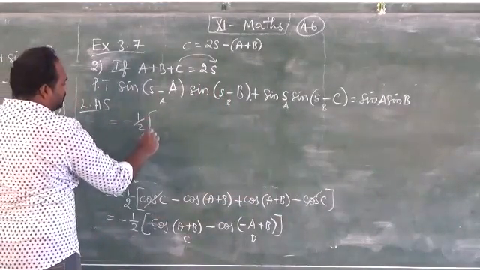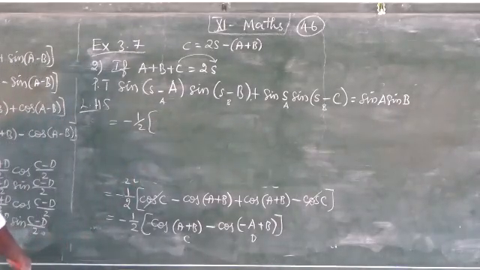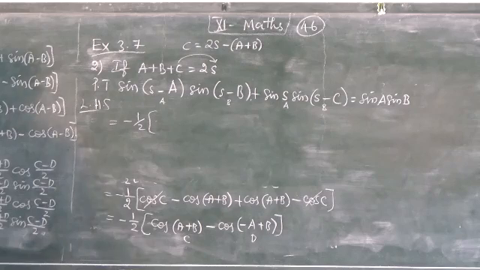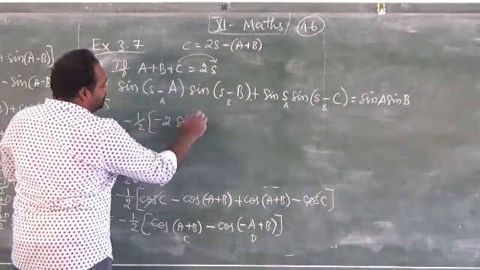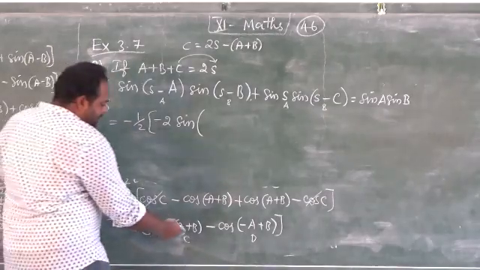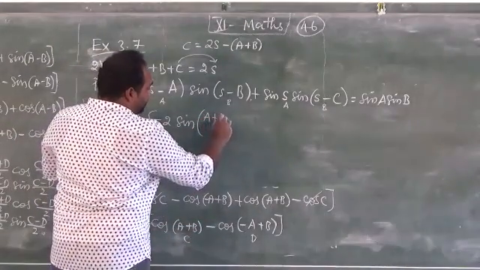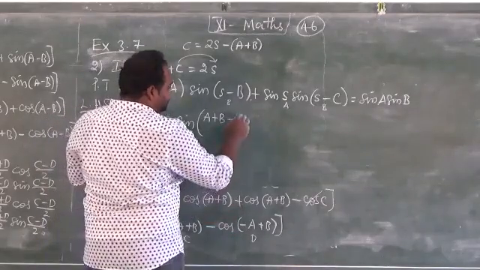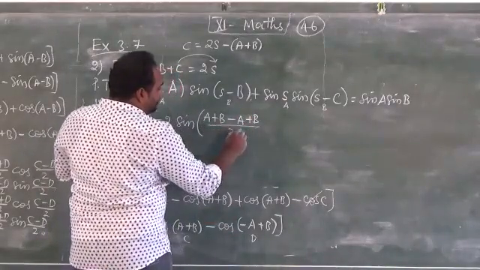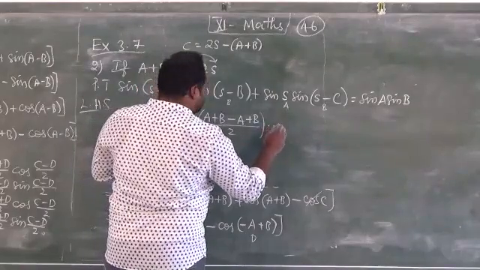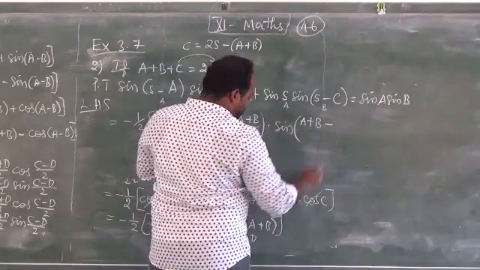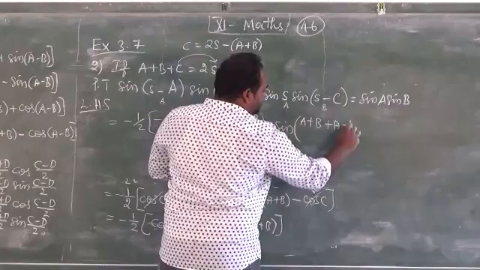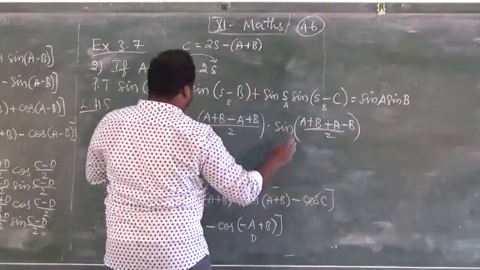Minus 1 by 2 into minus 2 into sin of (C + D) by 2, what is C? (a + b) plus (−a + b) divided by 2, into sin of (C − D) by 2, (a + b) minus (−a + b), that is (a − b), whole divided by 2.